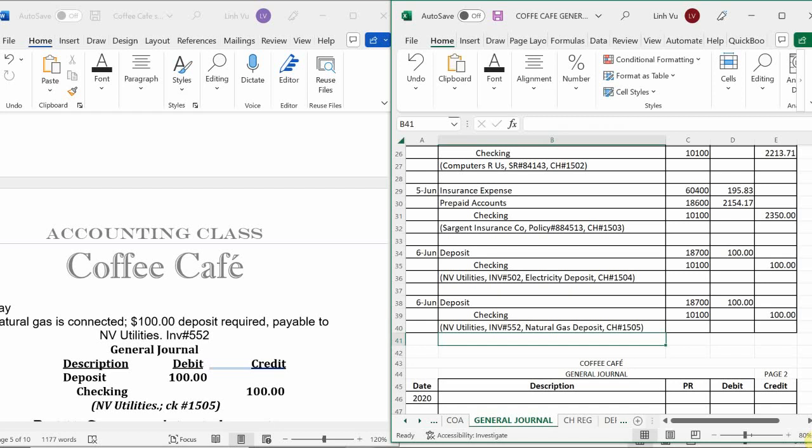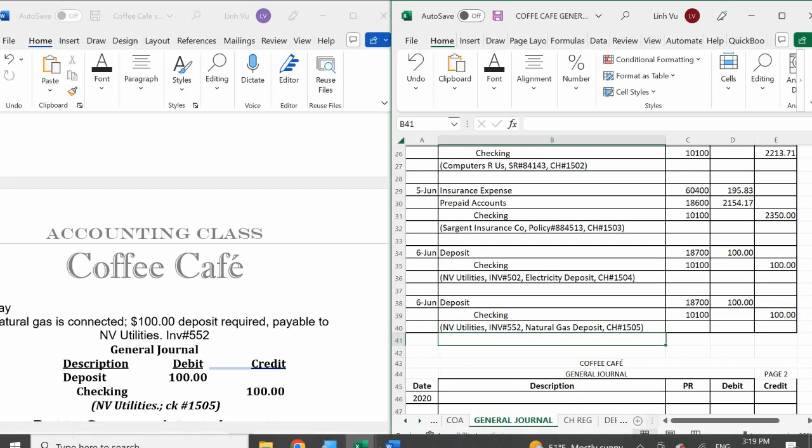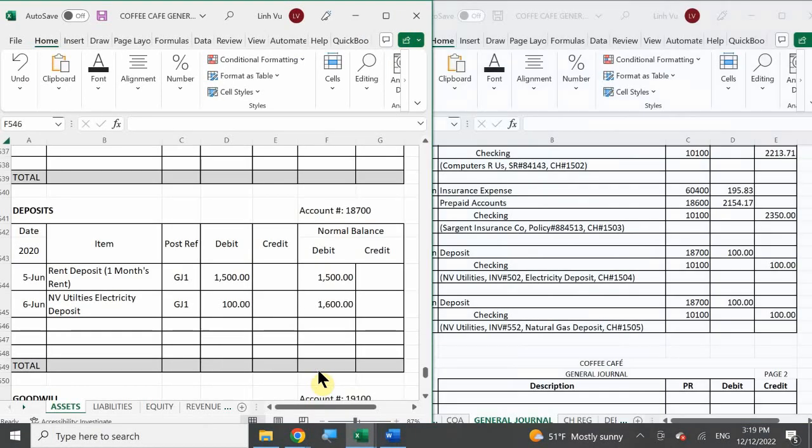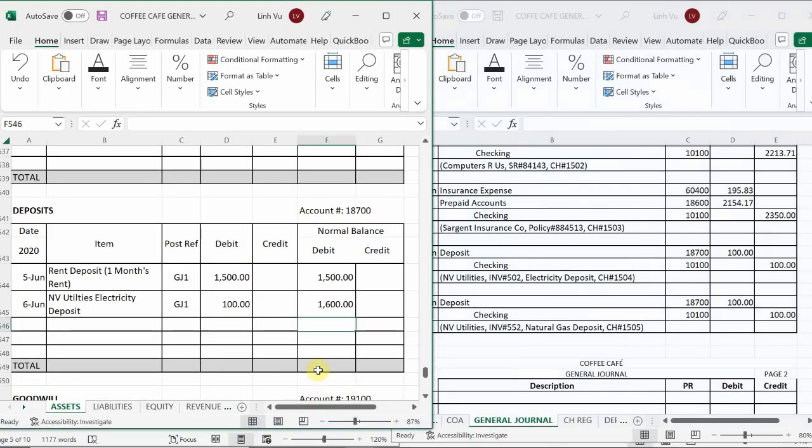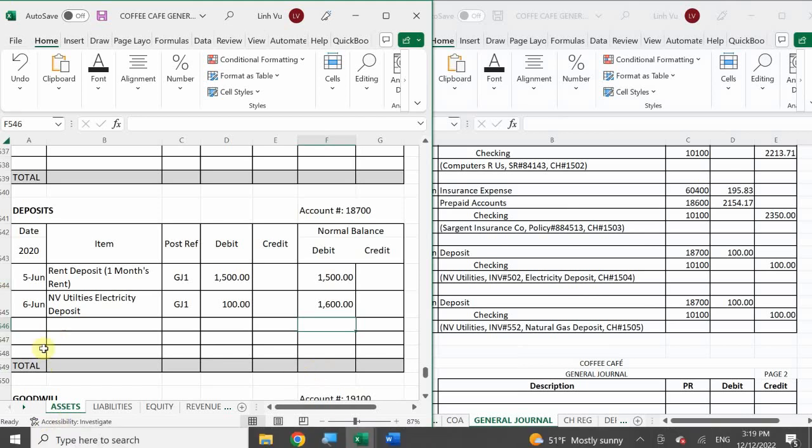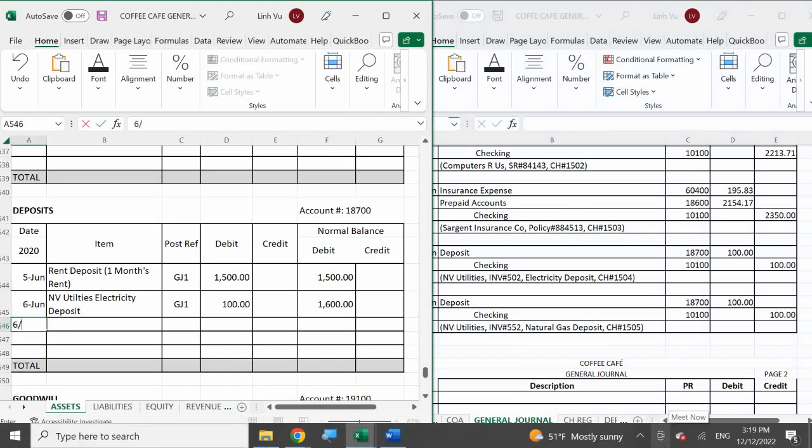So now that I got my journal, cut the check already, I can go ahead and pop this into my ledger. Okay. So once again, we need to fill our deposit first. So right here, since we last left off was that deposit right there. So I'm going to go ahead and put in NV Utilities, natural gas deposit.